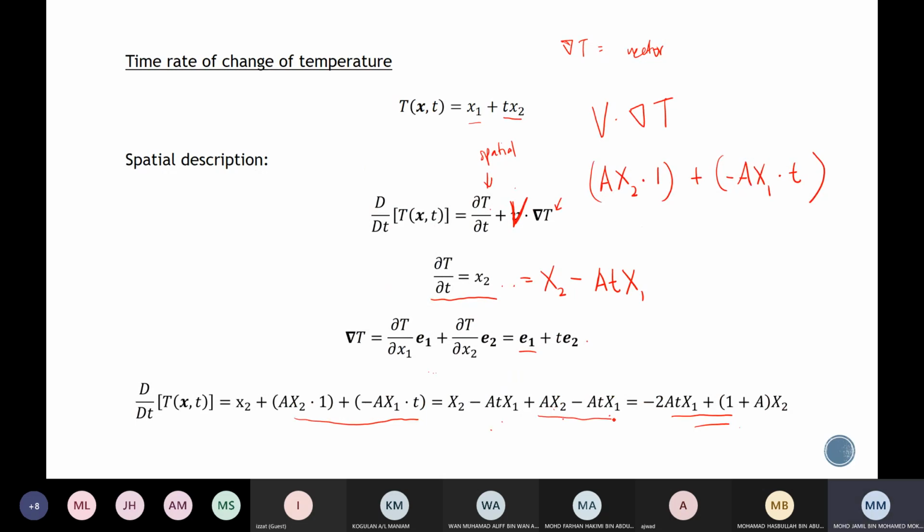And then this is after you simplify this section here. And then add. So negative aT X1 minus aT X1, you get 2aT X1. And then X2 plus aX2, you get 1 plus aX2. Okay.